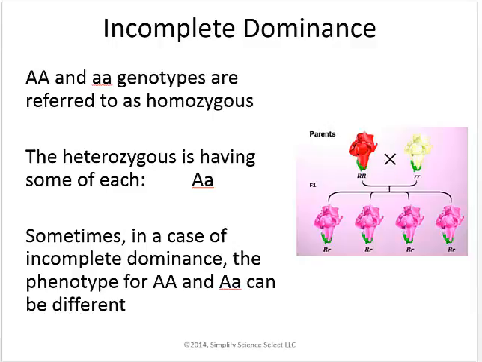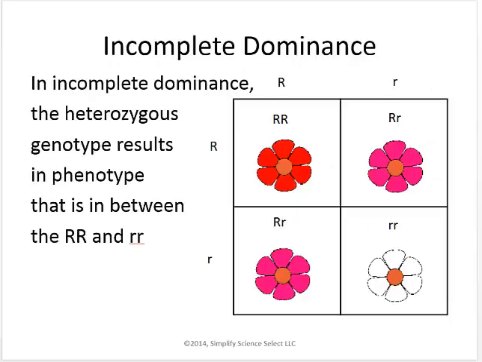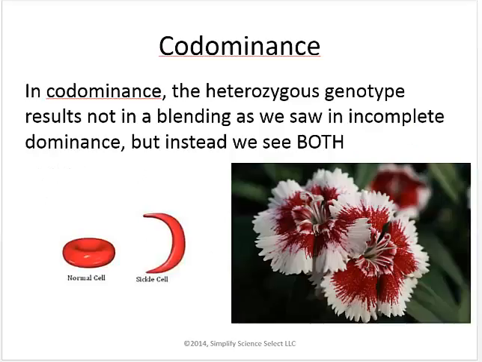But if you're heterozygous, it doesn't necessarily mean that the dominant R will completely dominate the white, but you'll get a blending pink. So in incomplete dominance, your heterozygous phenotype is somewhere in between, a blend of your homozygous dominant and your homozygous recessive.